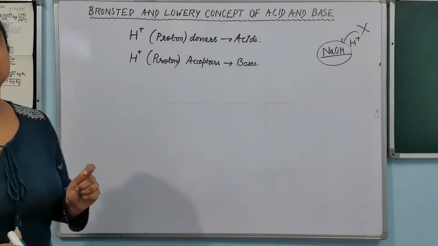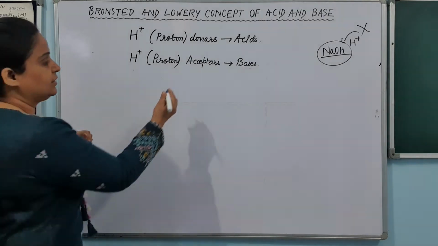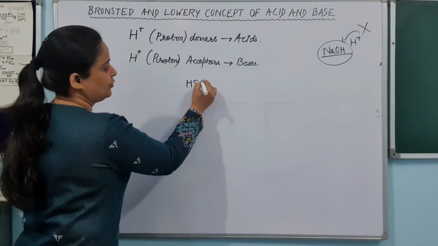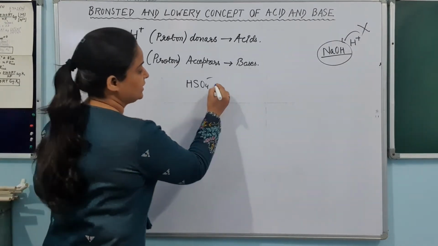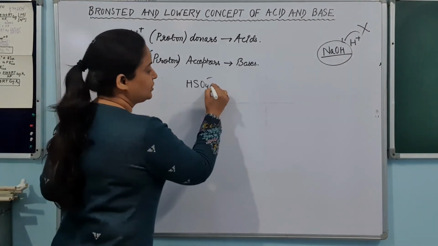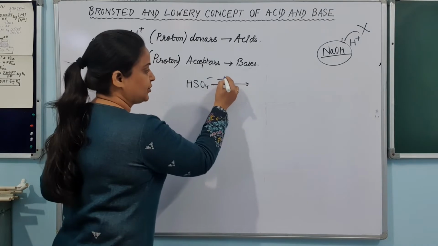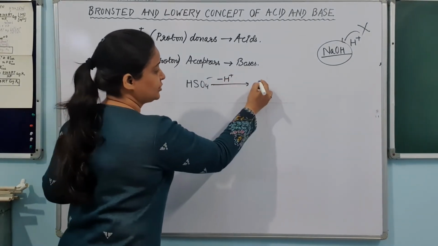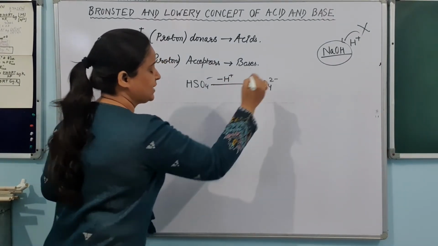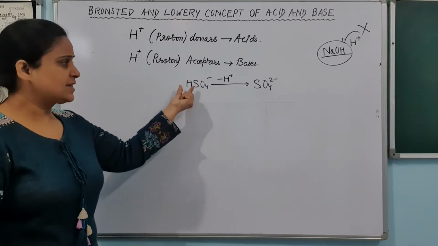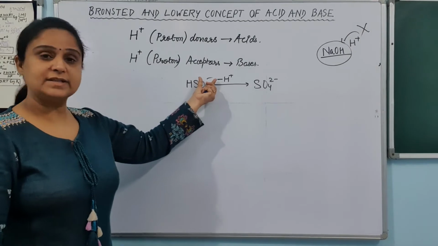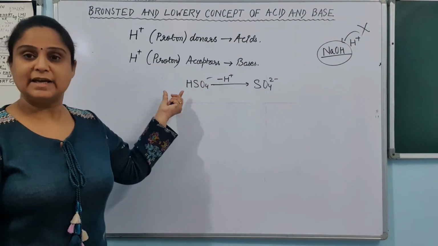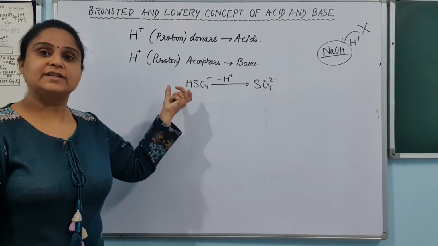So here are some examples. I am starting from HSO4 minus. Now, can it give the proton? Yes, it can give. When it loses the proton, it will turn into SO4 2 minus. Just do one thing. H plus ion बाहर कर दीजिए. जैसे ही you will remove H plus ion, one more minus charge will appear क्योंकि 1 plus H is satisfying its 1 minus.